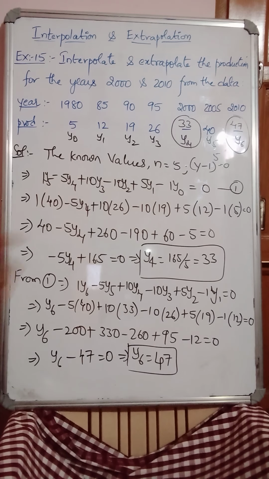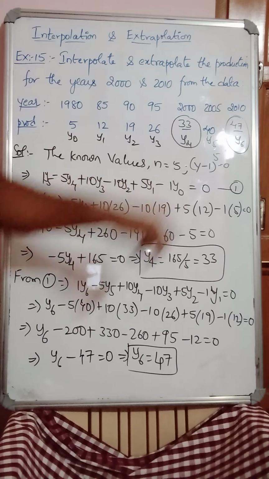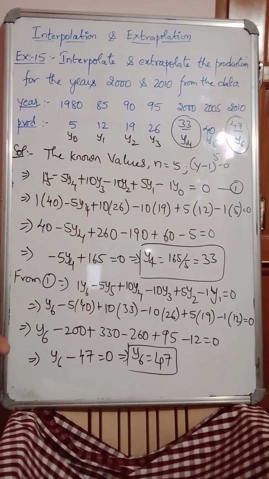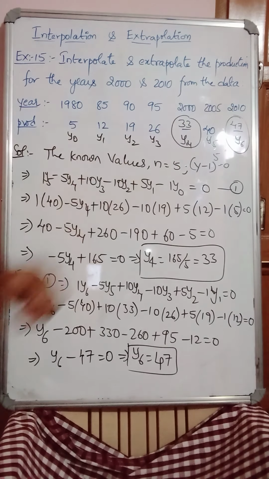Are you clear, guys? This expansion comes from Pascal's triangle, which has been learnt in PU1 already, right? You know very well. Just the second thing, when we want to estimate the extrapolating value, after solving the interpolating only, we can solve the extrapolating value in two ways.